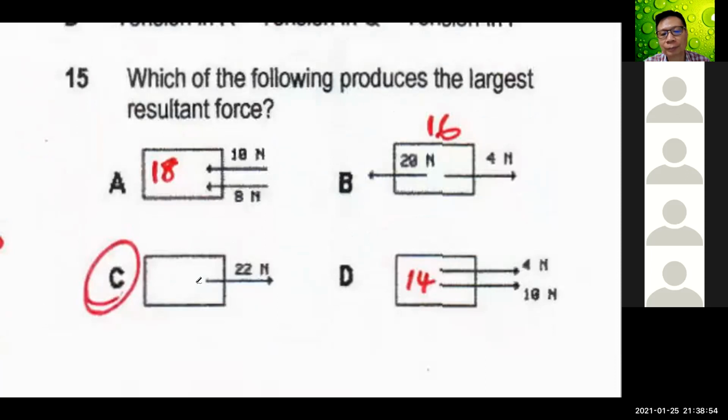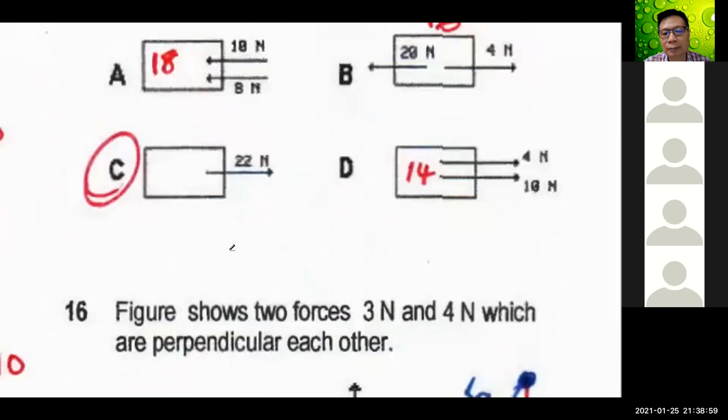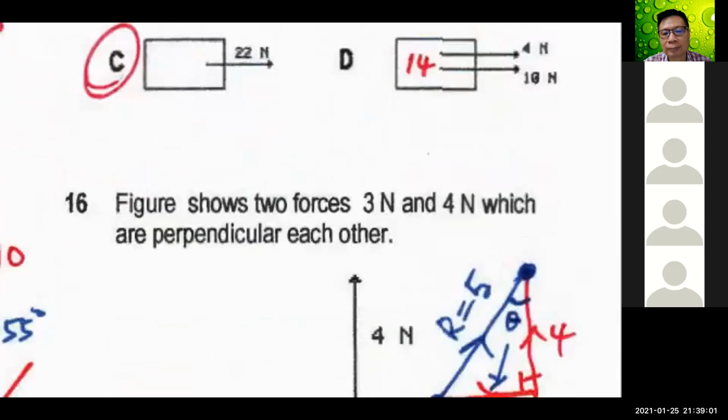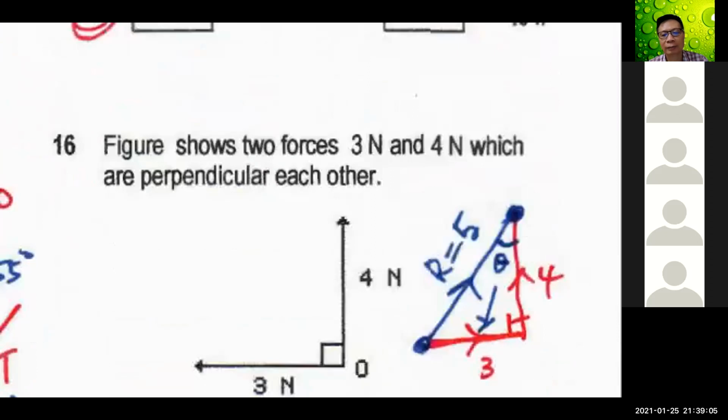Okay, number 16. Tips, I give you tips there. Use the diagram given to find the answer.